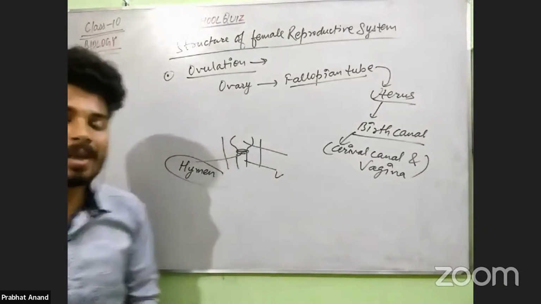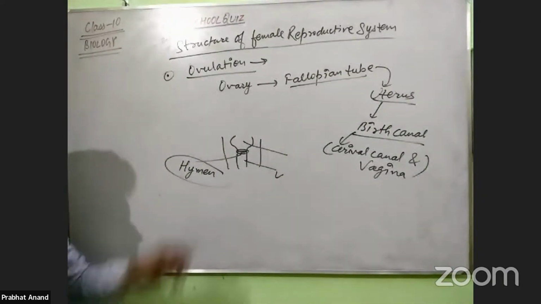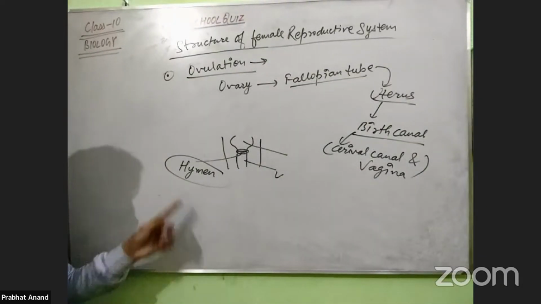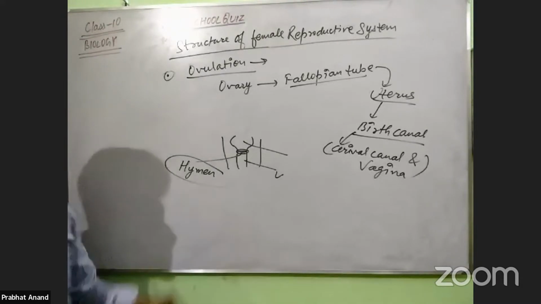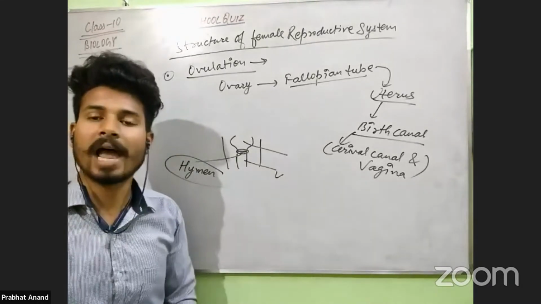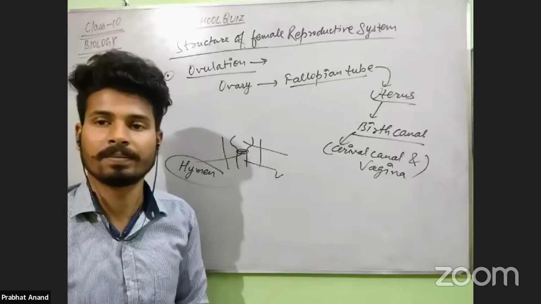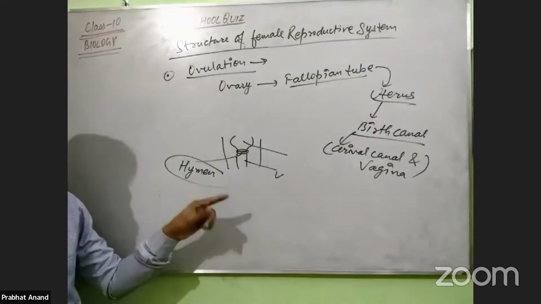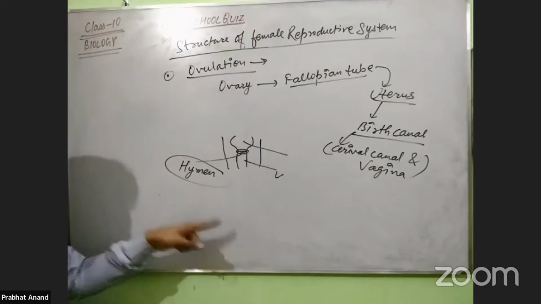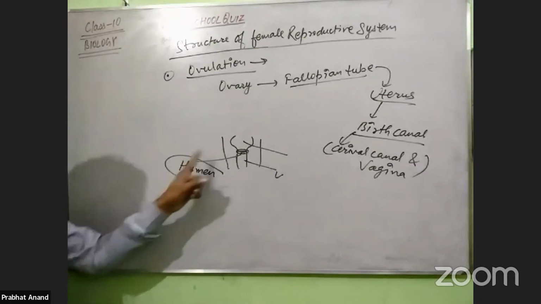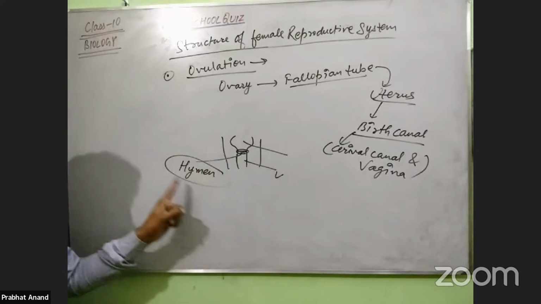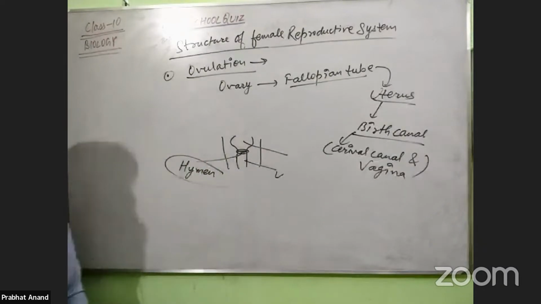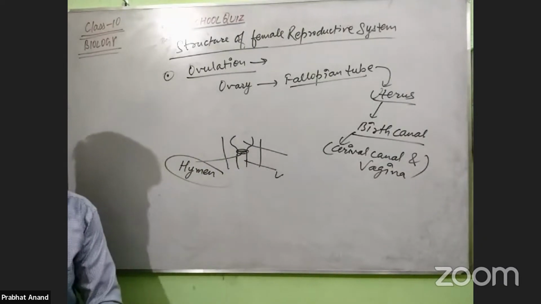What is the function of the hymen? It is considered as the sign of the virginity of a female, that is, whether the female has experienced sexual mating or not; this structure, whether present or not, is said to tell the truth for that.